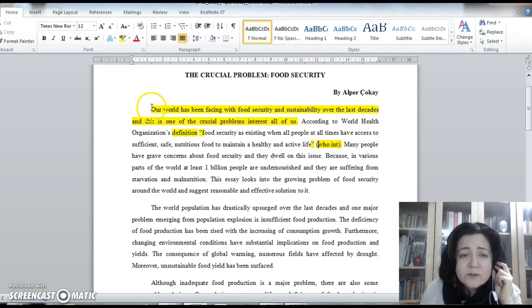Okay, so we have the situation, we have the problems, food security and sustainability problems, which are quite related. And for those of the readers that are not familiar with the concept, we have the definition of the concept food security, and here in parentheses, in brackets, we have the source that we retrieved this bit of information from.